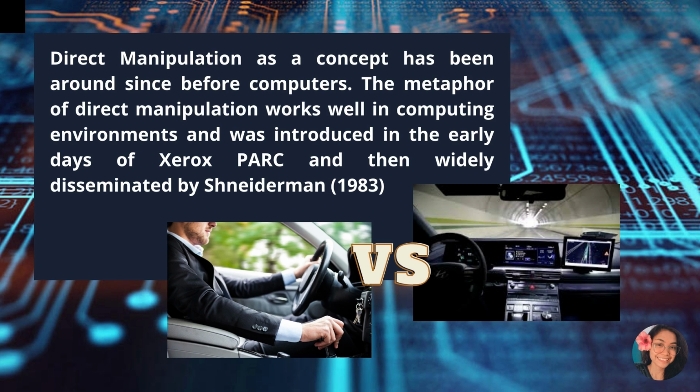One of the favorite examples of direct manipulation is driving an automobile. The scene is directly visible through the front window, and the driver performs actions like stepping on the brake or holding the steering wheel. If the car needs to turn left, the driver will simply rotate the steering wheel to the left.